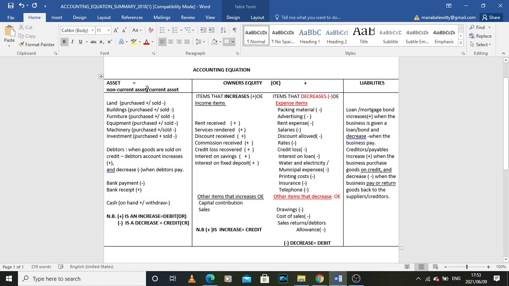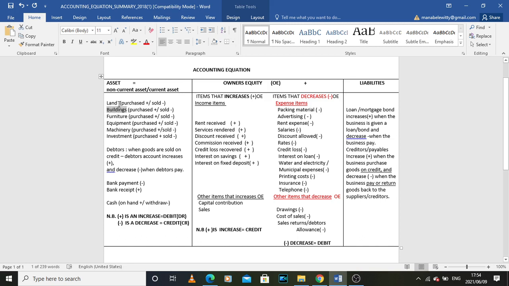But if you have buildings in your business, you can't just decide to convert them to cash, because some are being rented by people or tenants. So you have to give them a notice, and it must be the whole year.